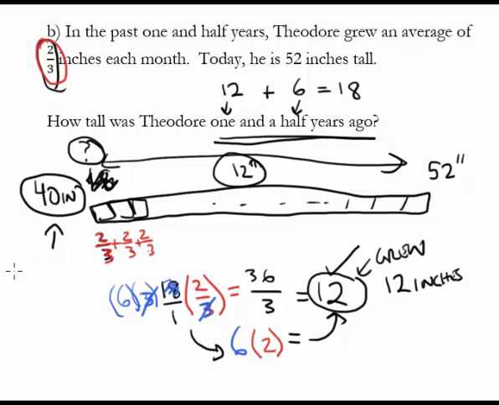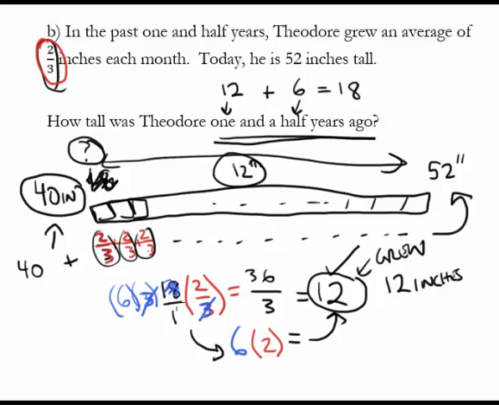And if you wanted to check, you could say if I start with 40 and then I add 2/3 and 2/3 and 2/3 every month, 18 months, you're going to get to 52 inches. Now, often in these types of problems, it's very helpful, if you can get to it algebraically, to make sure it makes sense, to think about it in a different way, which is challenging, but very helpful.